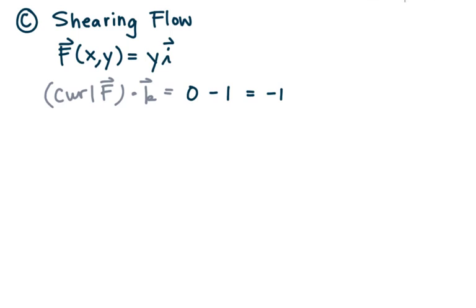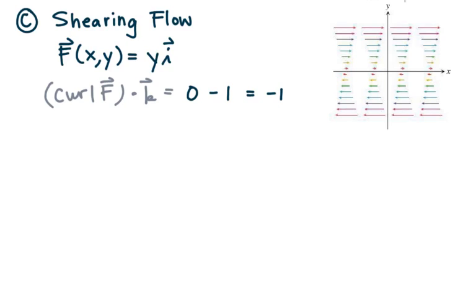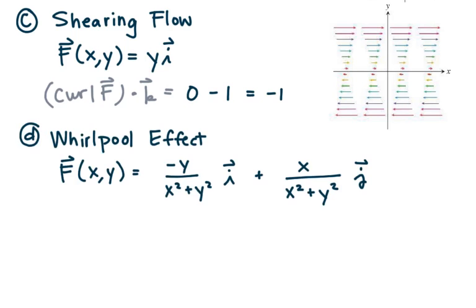This has a constant and a negative circulation density. If we envision this as that paddle wheel floating in the water and it's undergoing a shearing flow, because it's negative, it's spinning clockwise. And the rate of rotation is the same at each point.